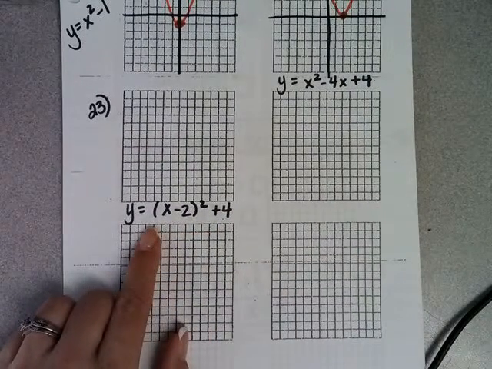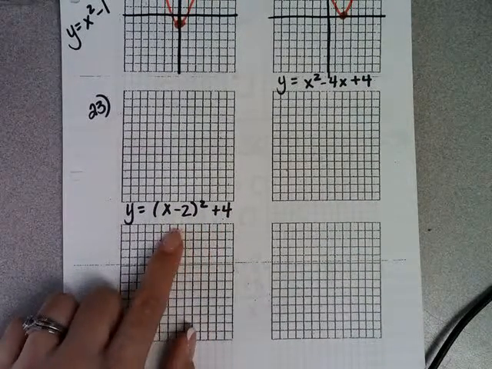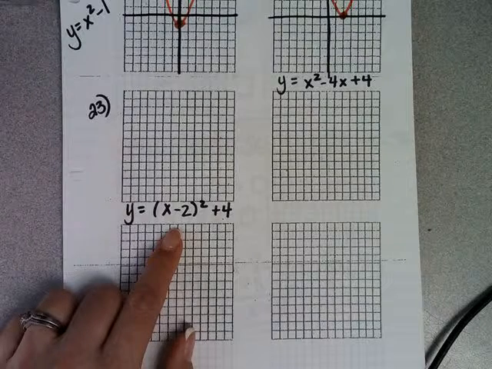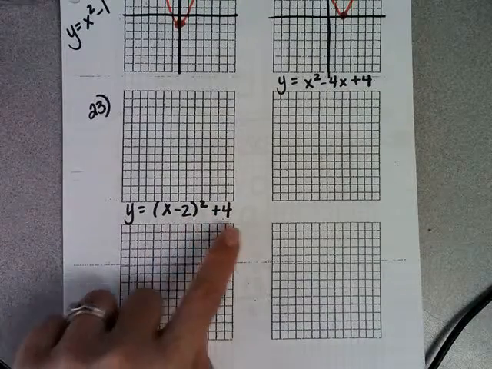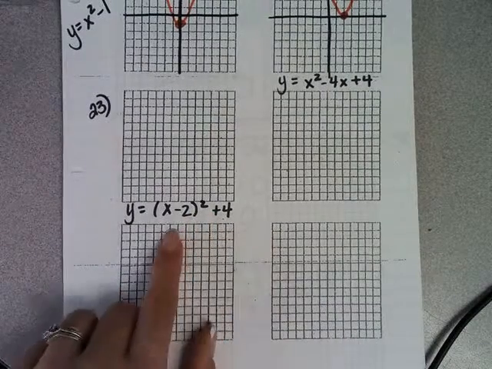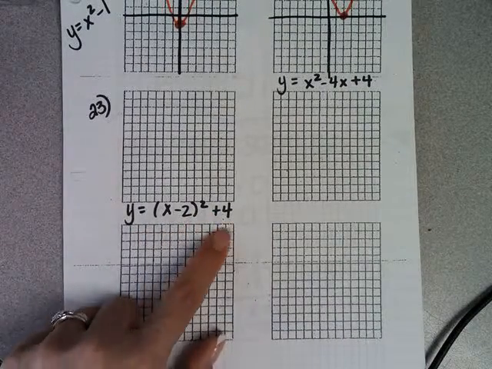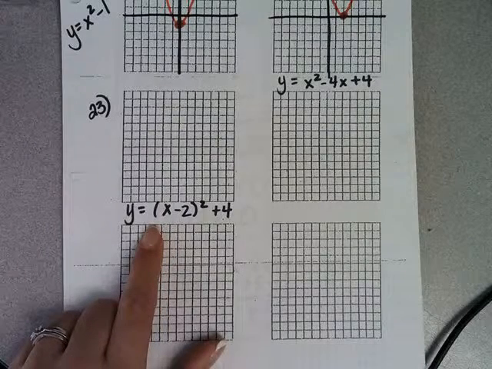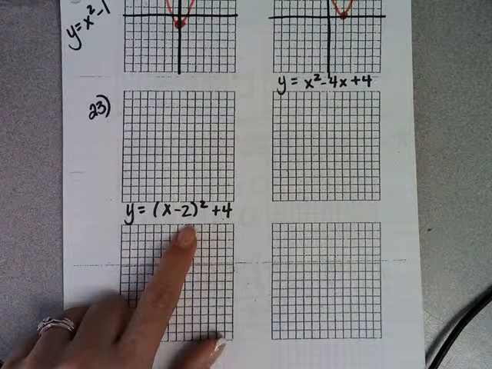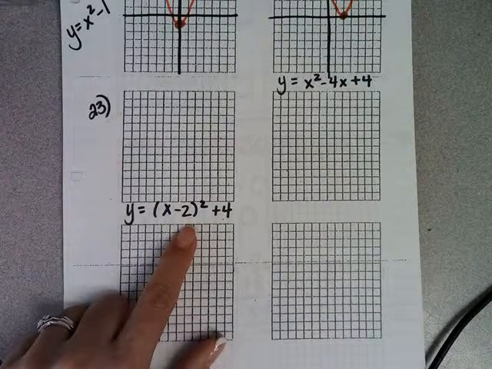Before we even put it in, what kind of shape is this going to be? Remember that squared is on the outside, so that means this times itself, right? What kind of shape is this going to be when we graph it? Parabola. It's still going to be a parabola because when you do x minus 2 times x minus 2, you would get an x squared. So it's still a parabola.